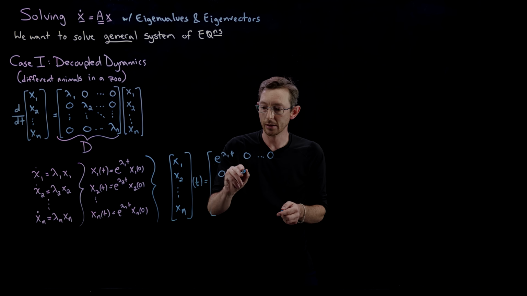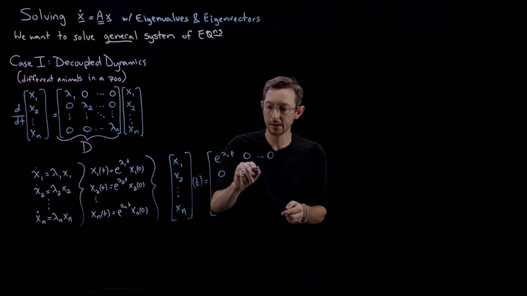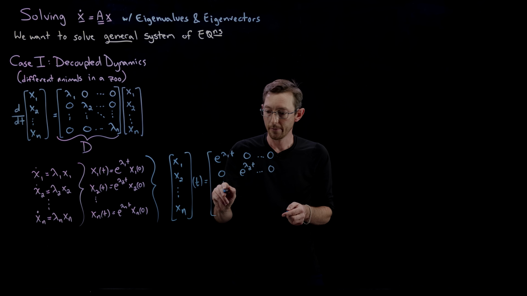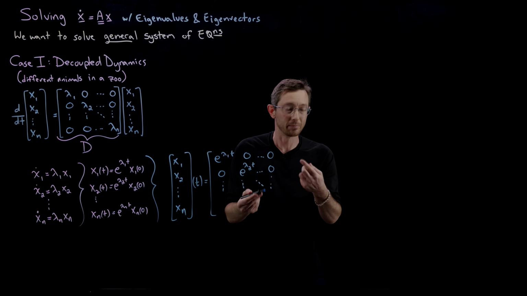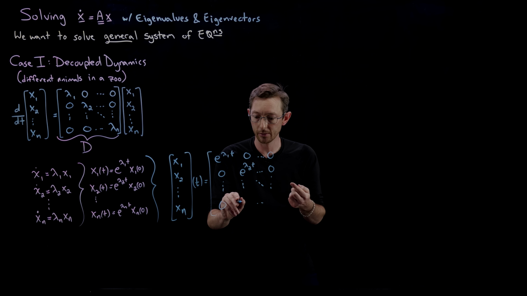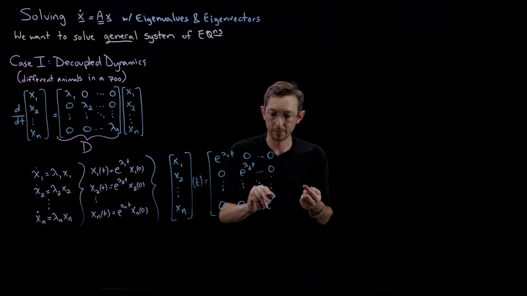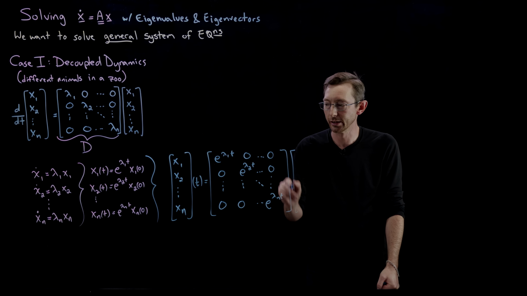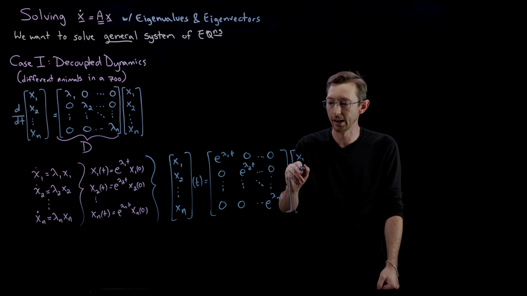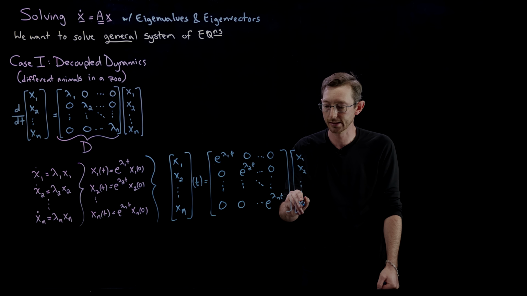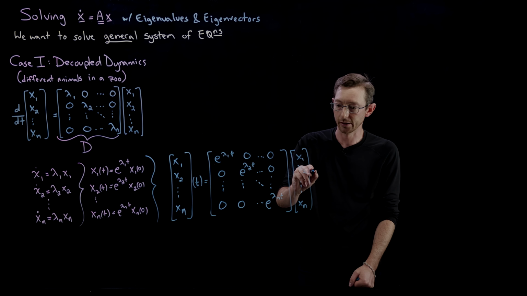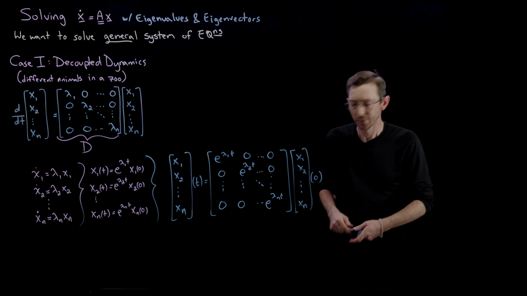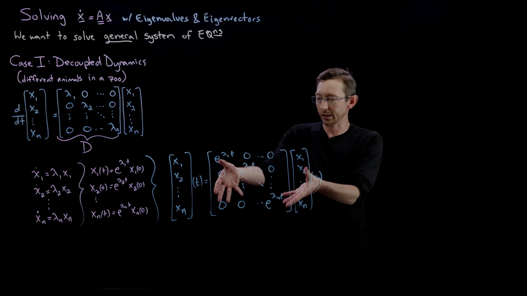I have 0, e to the lambda 2 t, dot, dot, dot, 0. So this should be pretty intuitive at this point. 0, 0, e to the lambda n t, times my initial conditions, x1, x2, dot, dot, dot, xn, this vector evaluated at time 0. Okay, and so this is really, really simple.